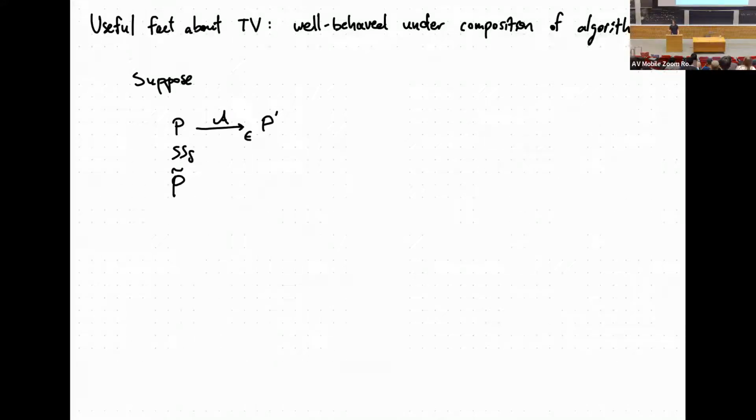It'll be because this P or P tilde is actually the output of some other algorithm or some other reduction that's approximate. So what's true is if you, instead of feeding into the algorithm a sample from P, you feed it something from P tilde, then that still approximately maps to P prime, but the error now is epsilon plus delta.